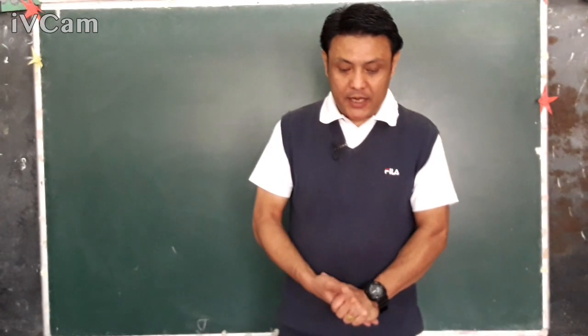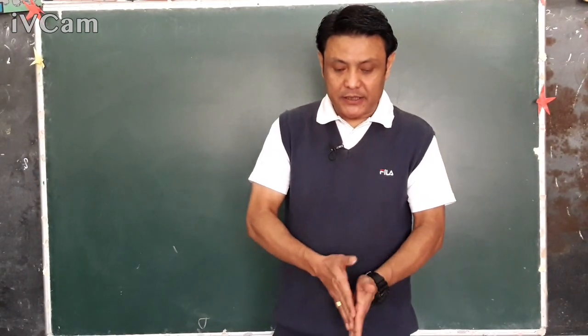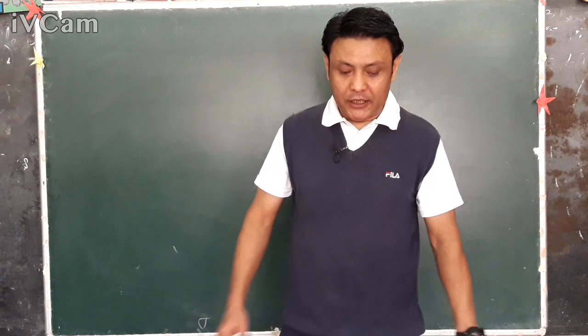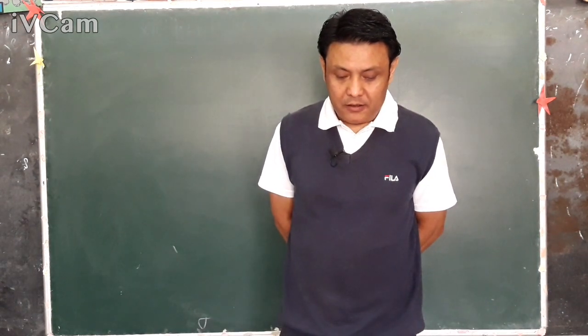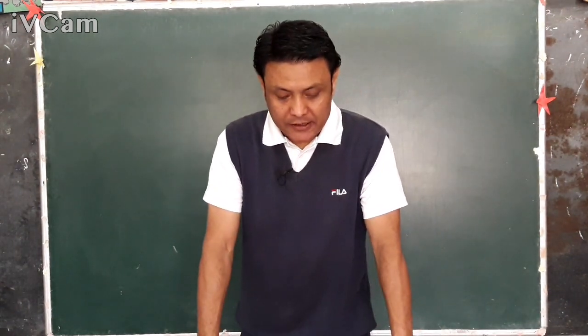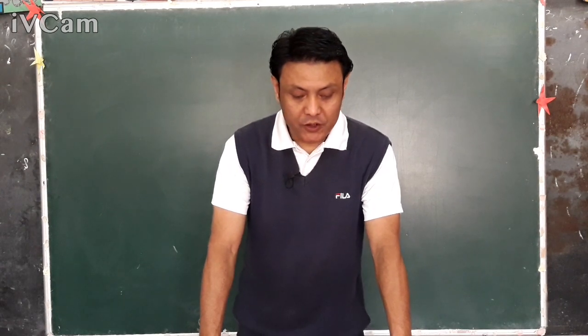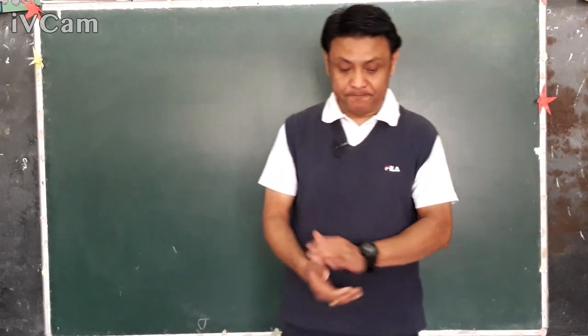Now, on the basis of his experiment, Rutherford put forward the nuclear model of an atom. The model described the structure of the atom as follows. Number 1.